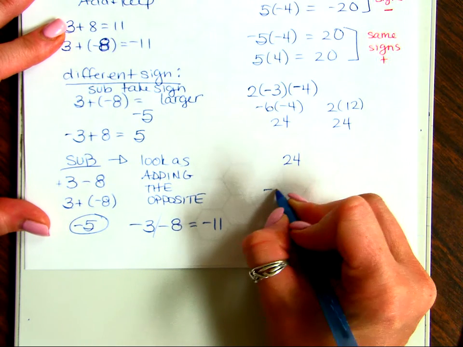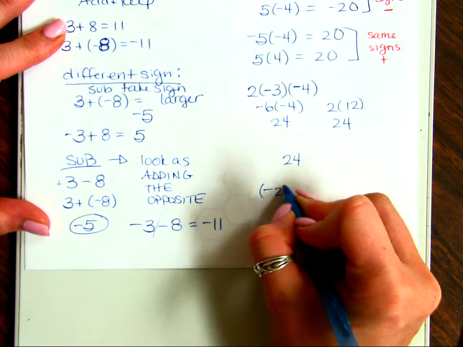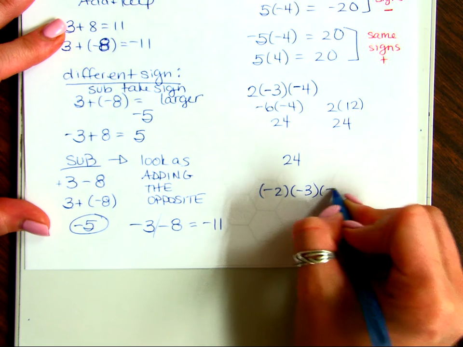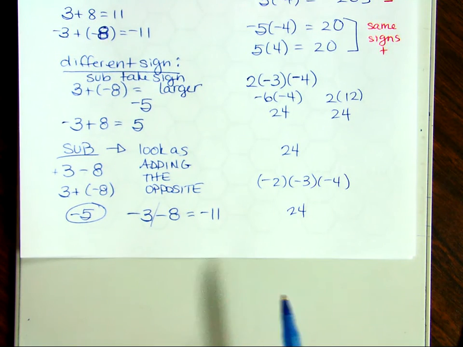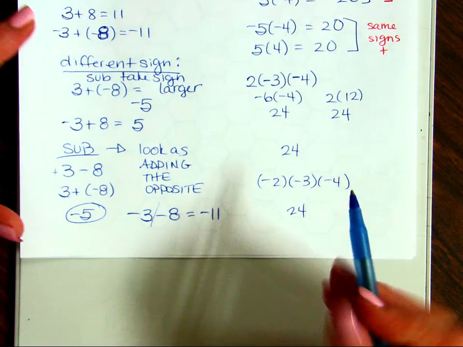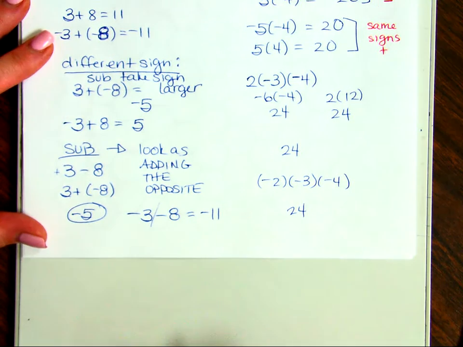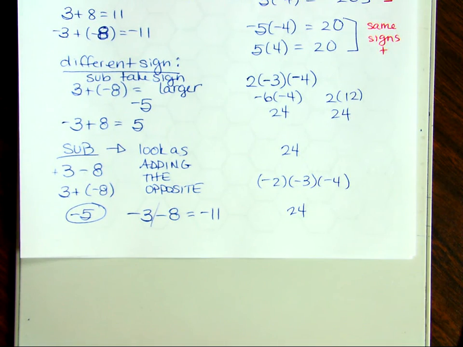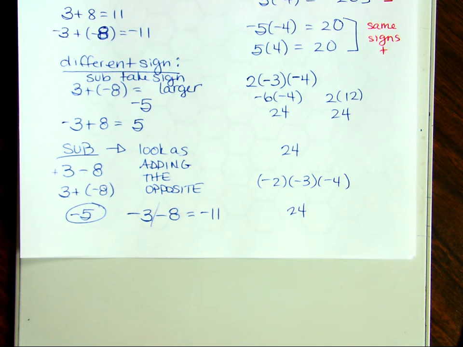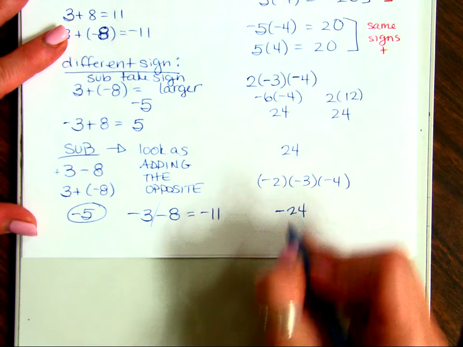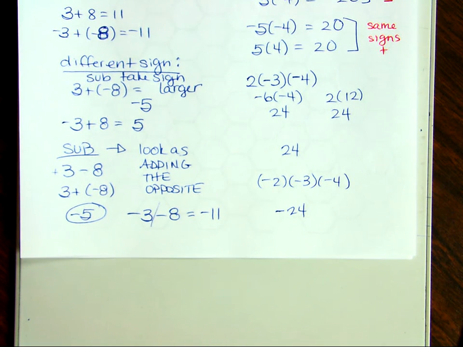So what happens the minute I take that 2 and make it negative? Obviously it's still going to be 24. Then the person who wants to go back afterwards and do the sign separately is going to say 1, 2, 3. Oh, there's 3 negatives. 3 is an odd number. That must mean that not every negative is going to have a partner. There's going to be one left out, and that one is enough to make that negative.